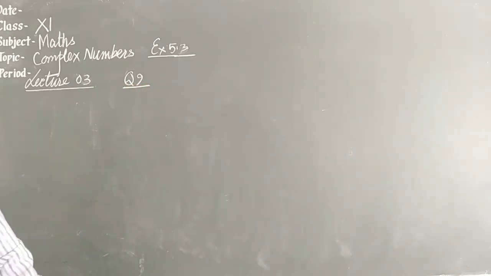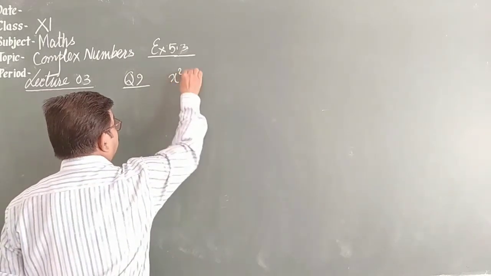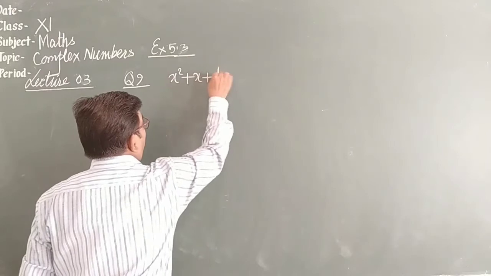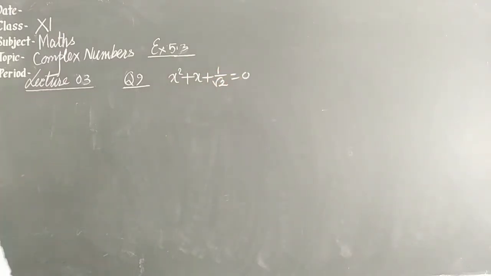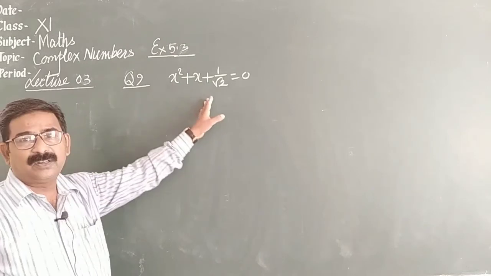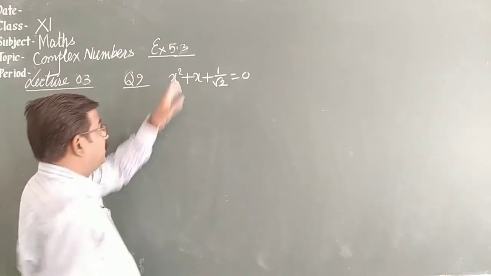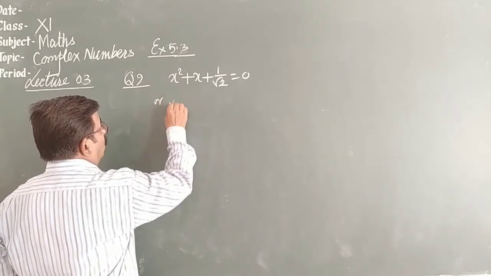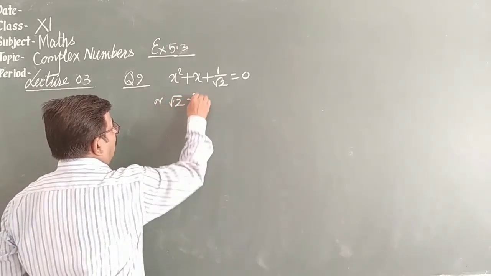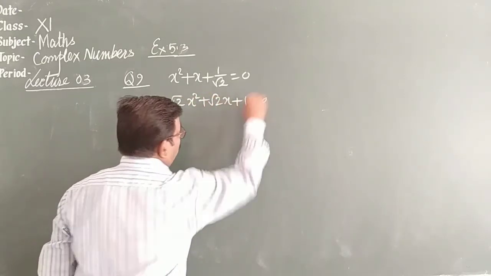So question number 9 is x square plus x plus 1 upon root 2 is equal to 0. First take the LCM of this, or you can solve it directly. Take LCM, multiply this by root 2, and we have root 2 x square plus root 2 x plus 1 is equal to 0.